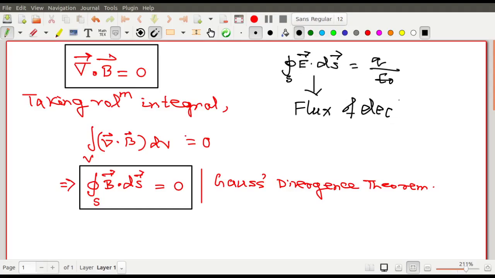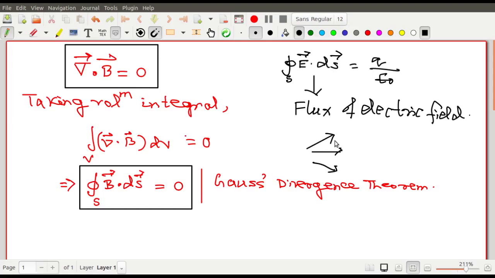This quantity is known as the flux of electric field, and this is actually related to the number of lines of electric field that are crossing through an area. So what is electric flux? This gives the number of lines of electric field crossing through that particular area. This quantity is called flux, and this flux is associated with the number of lines of field that it crosses.